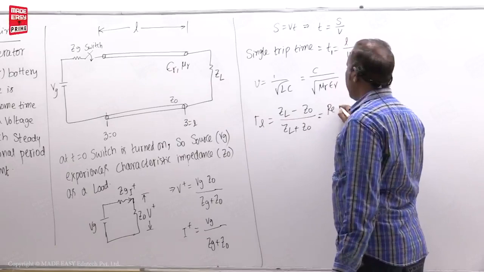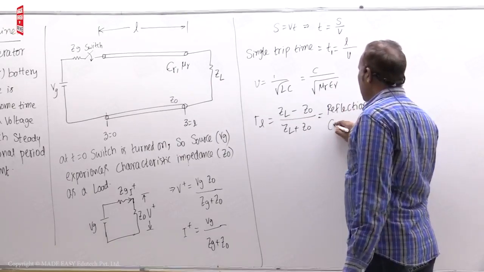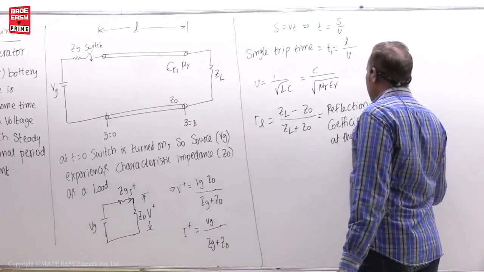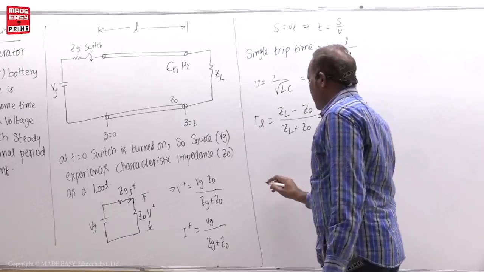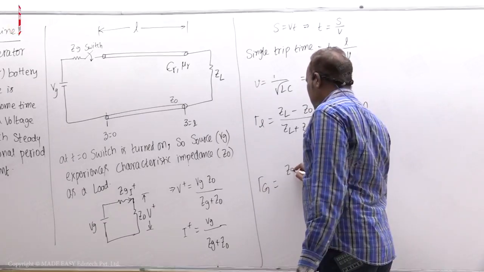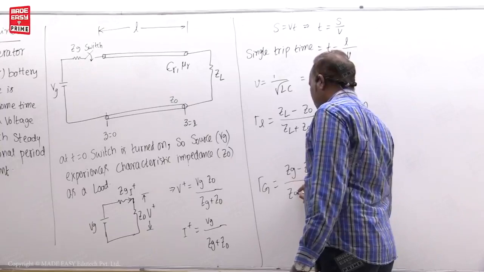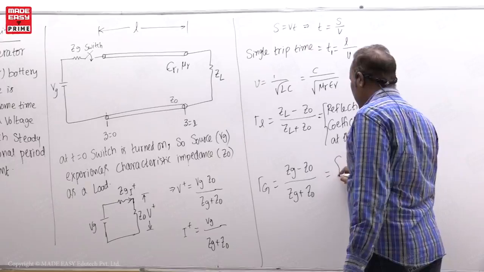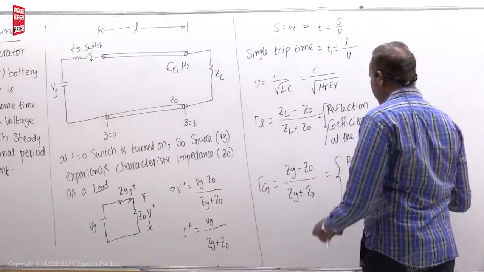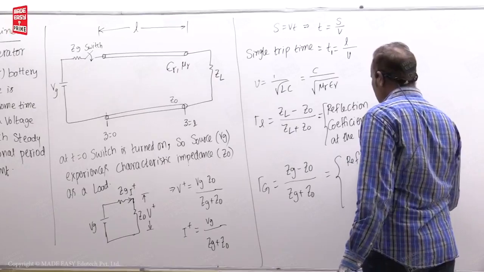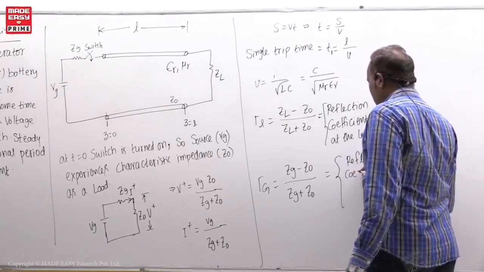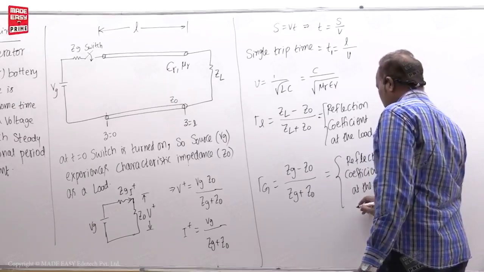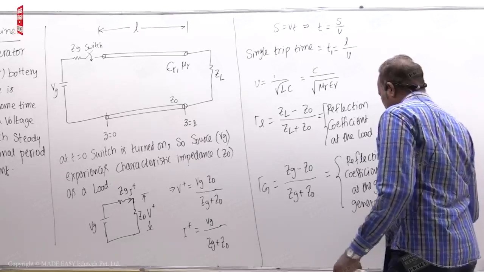This is the reflection coefficient at the load, this one. So gamma g is equal to Zg minus Z0 divided by Zg plus Z0. This is nothing but the reflection coefficient at the generator.